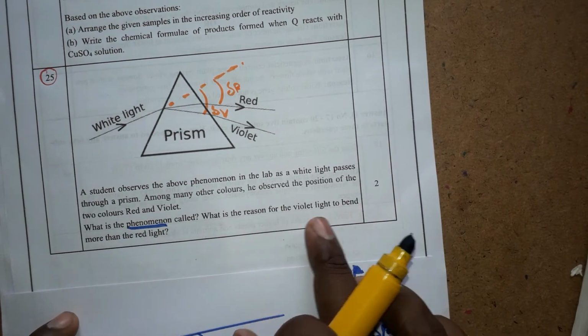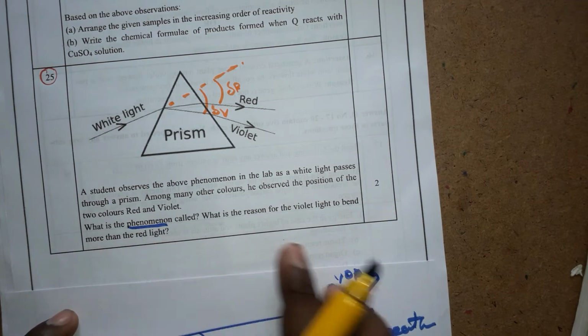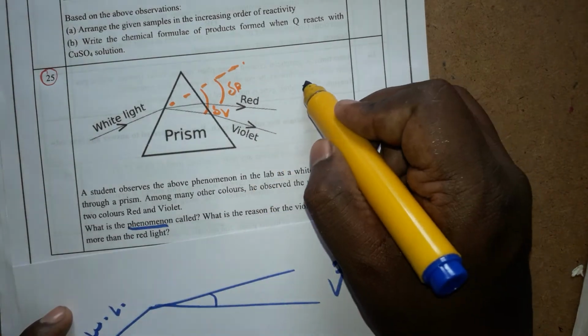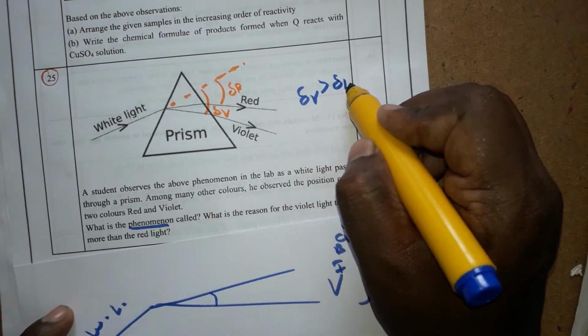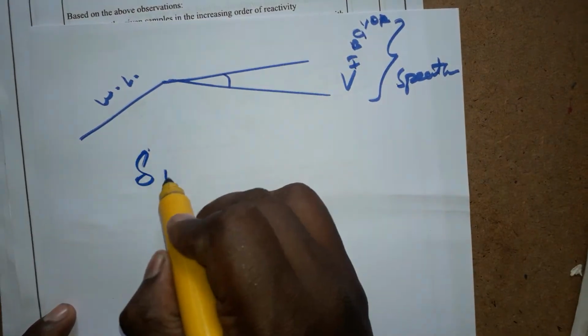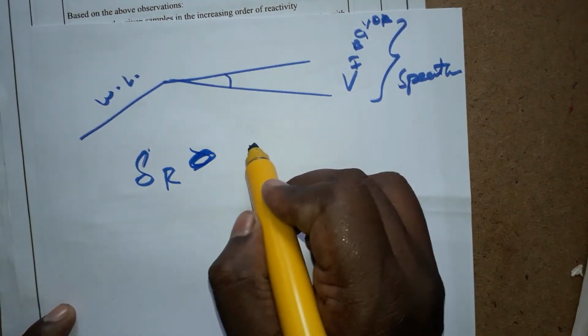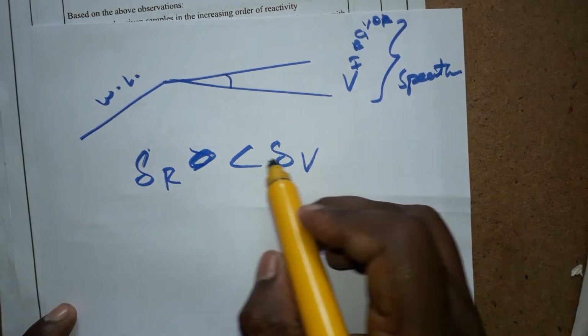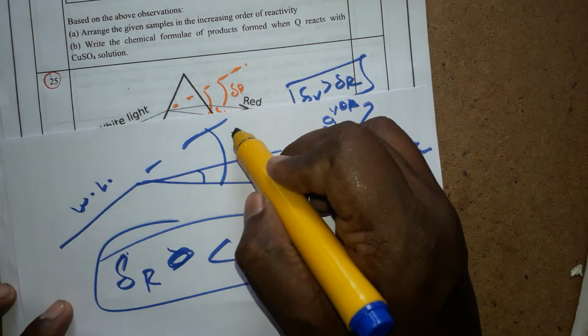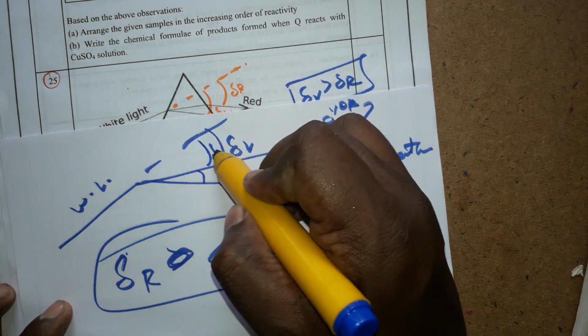What is the reason violet light bends more than the red? Okay, why is the deviation of violet more than the deviation of red? This is another question they asked in the same question. The deviation of red is least, which means violet will have more deviation. So this is V, deviation of violet, this is red, deviation of red.